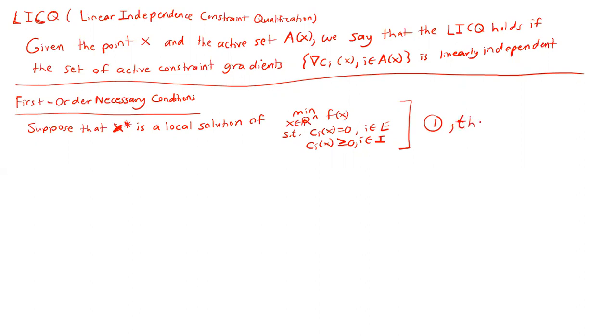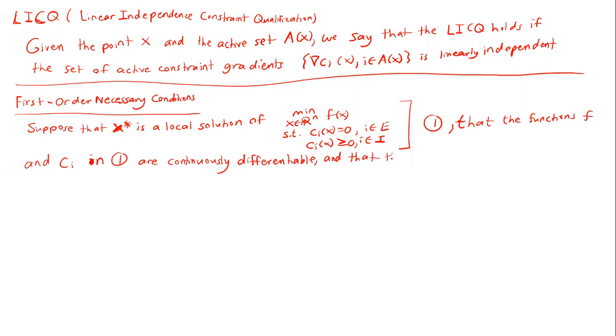We're also going to make some other assumptions, that the functions f and Ci in 1 here are continuously differentiable, and that the LICQ holds at X star.